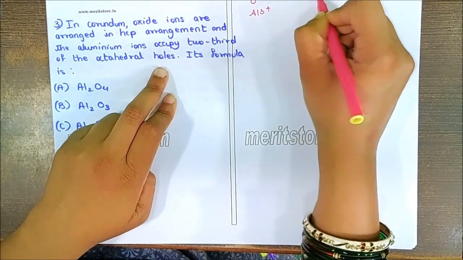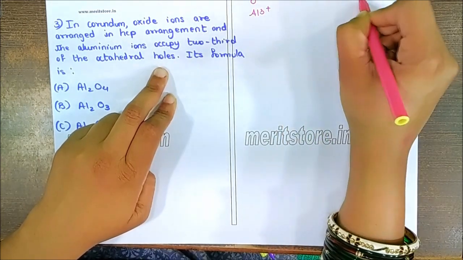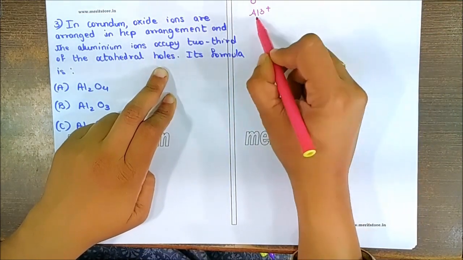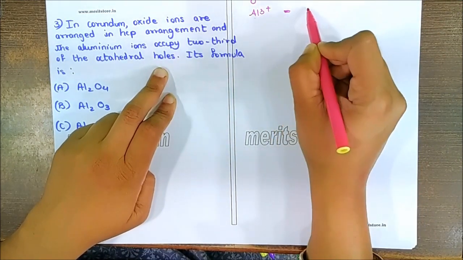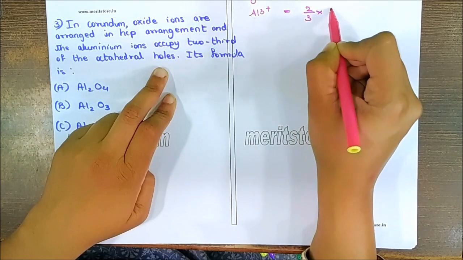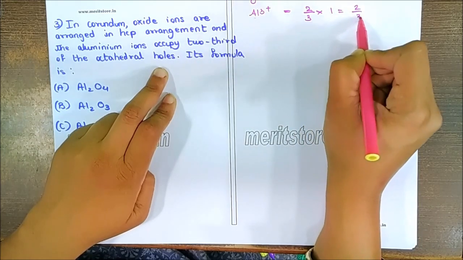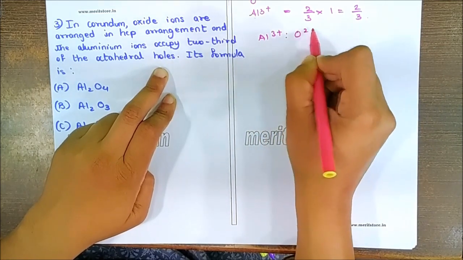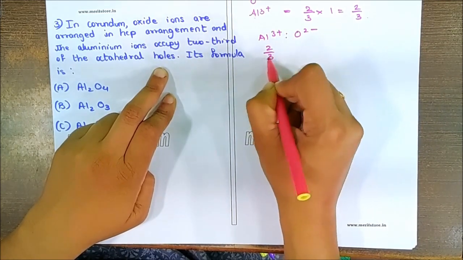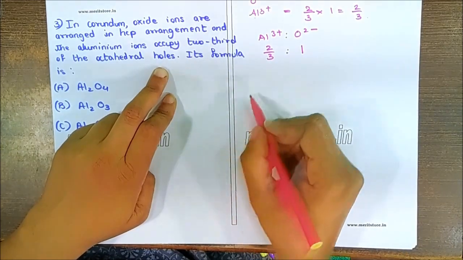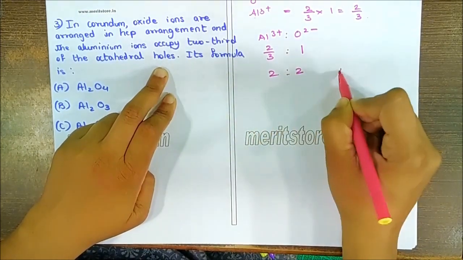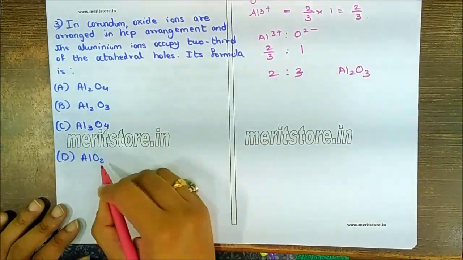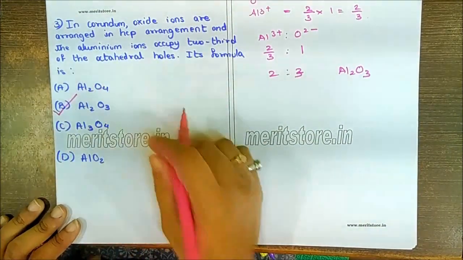There will be one octahedral void per atom of O2-. So Al3+ occupies 2/3 of this octahedral void, so that is 2 by 3. So Al3+ to O2- is 2 by 3 per atom of oxygen. That is 2 is to 3, hence the formula is Al2O3. Therefore our option is option B.